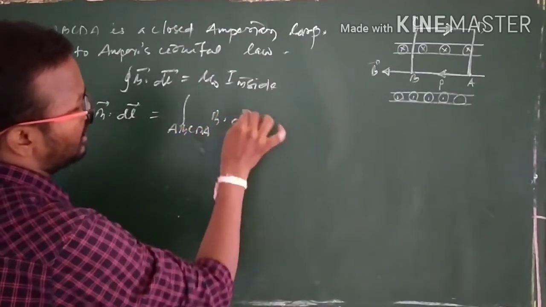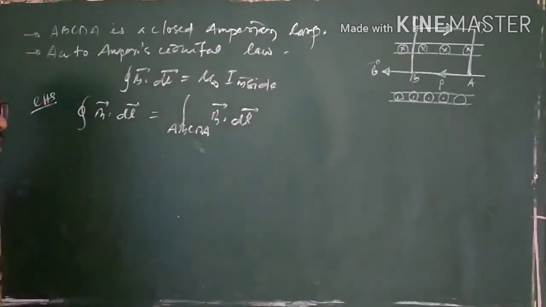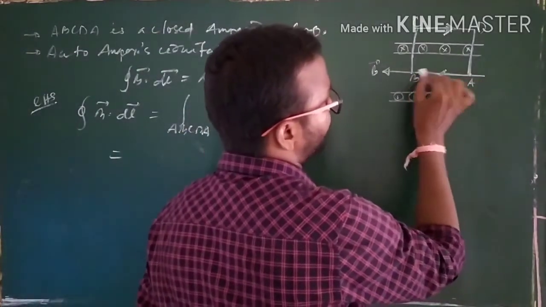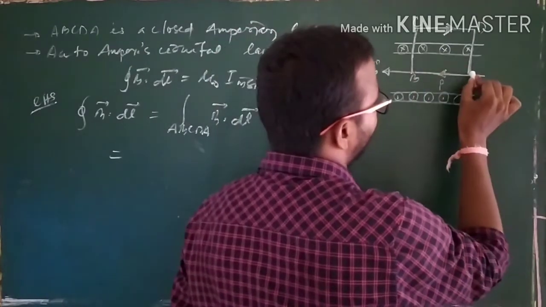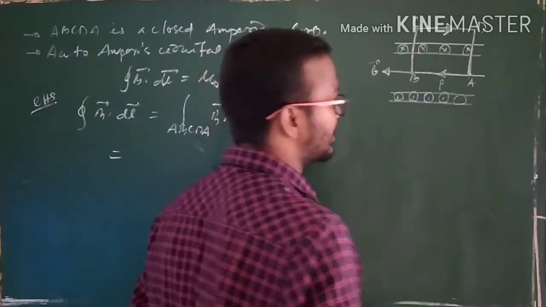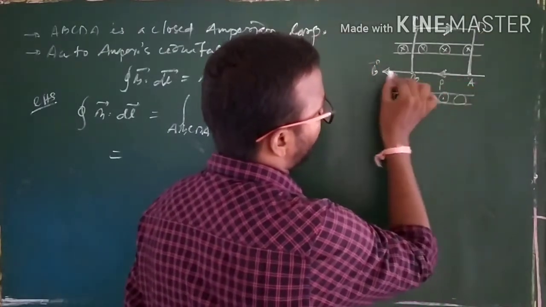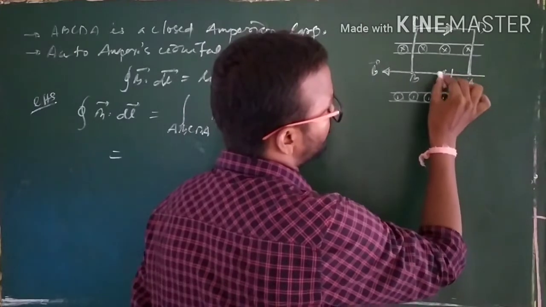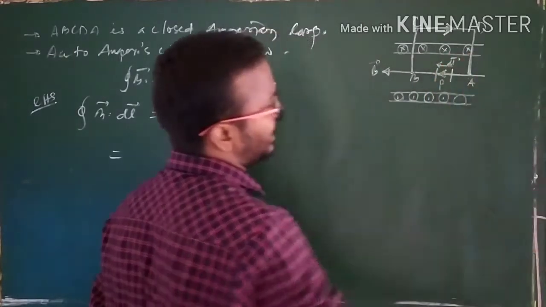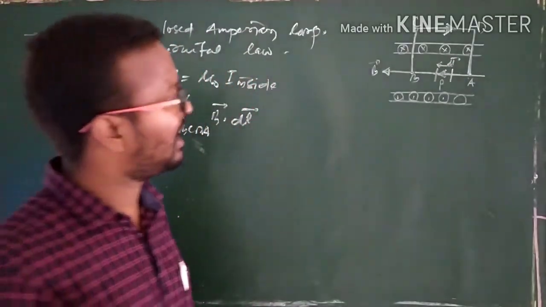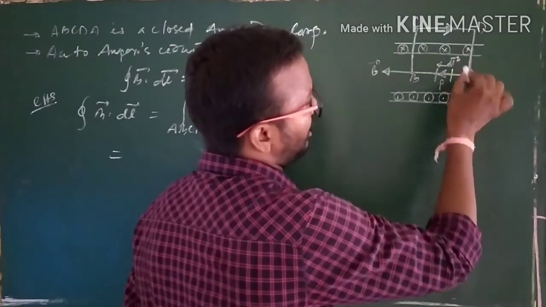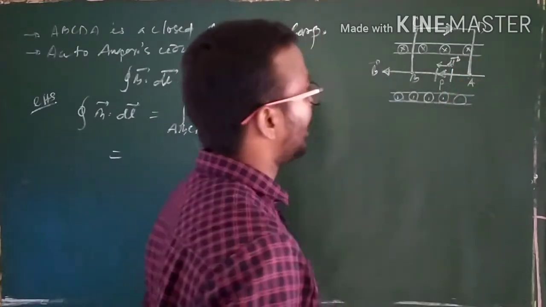So it is the closed integral of B dot dl. Now look at the diagram. A to B is symmetric, B to C, C to D, and D to A as well. This is the direction of the magnetic field, and if you choose a small length element dl, the direction of dl and the magnetic field are along the same line, since dl is along the direction of the Amperian loop.